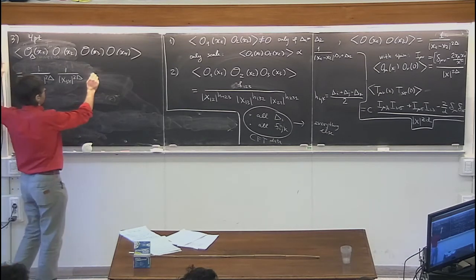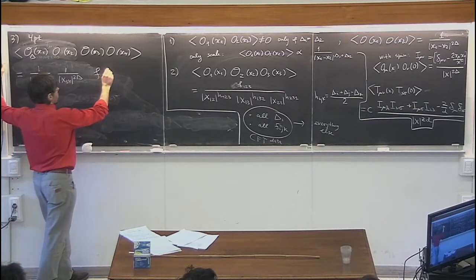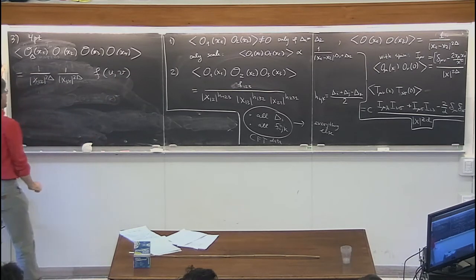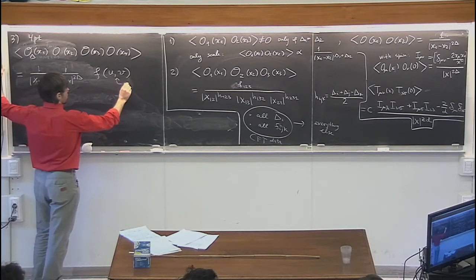Actually, it turns out that here I can multiply this expression by any function f which depends on two parameters, u and v, which are called cross ratios. So this u and v are called cross ratios.